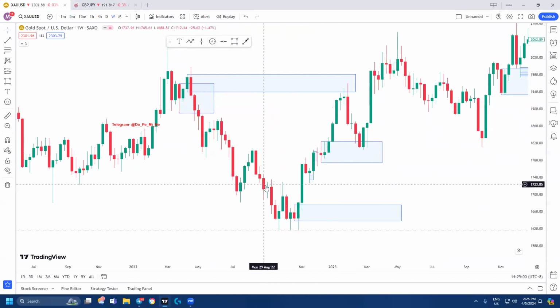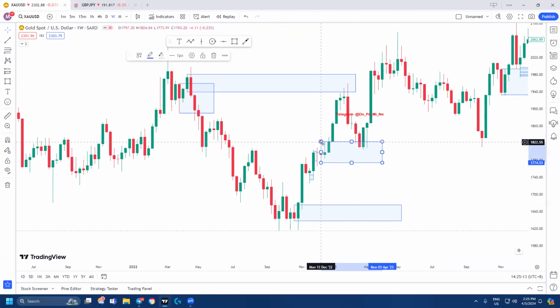For example, we have 1 EF, 2, 3. So the price will go down. So which one we need to monitor is the first zone of engulfing, which is this one, because we need to see the new CMP. What is the reaction that CMP gives us at this time?